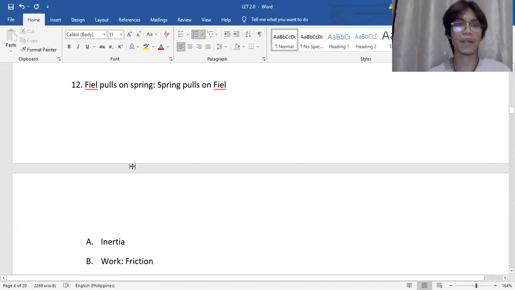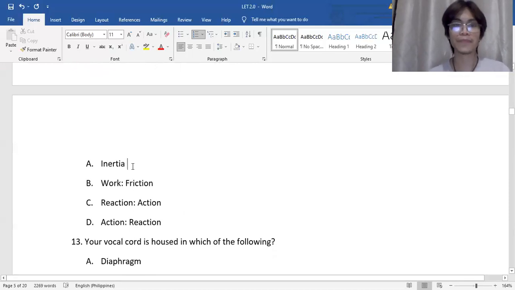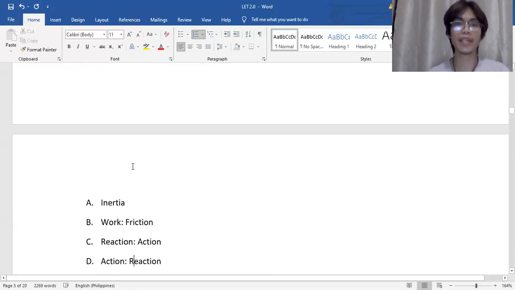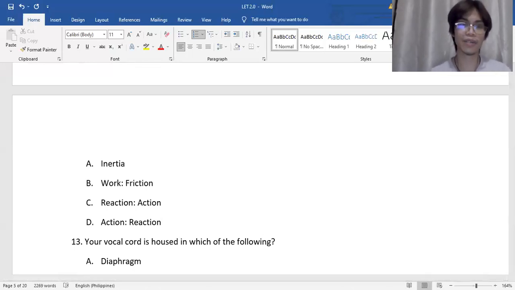Number 12. Field pulls on spring and spring pulls on field. Okay, which law of motion is stated in this? All right, so we have, is it inertia, work, friction, reaction, action, action, reaction? That is letter what? Letter C, action, or letter D, action and reaction.